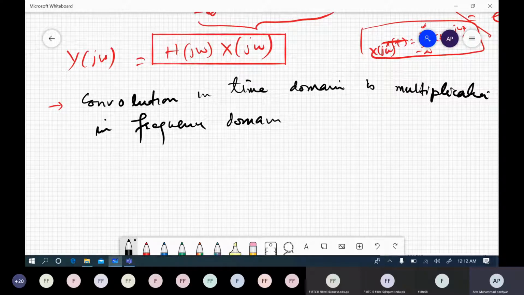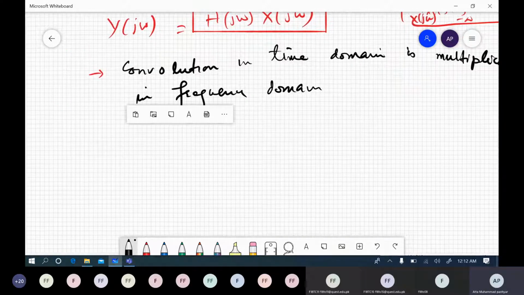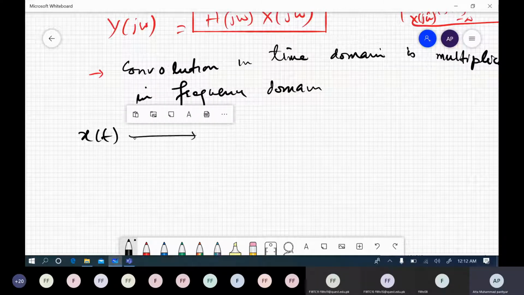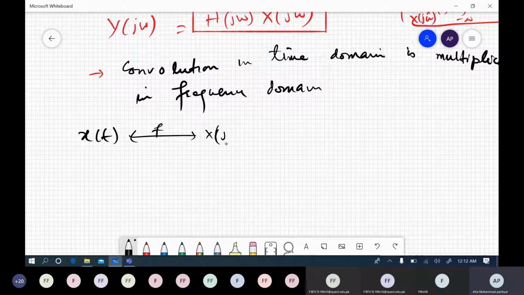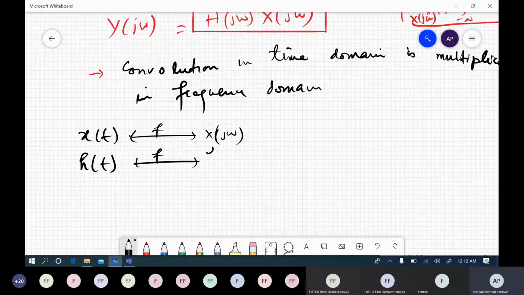So earlier we left few properties. So how can we say that if we have x of t, and its Fourier transform is x of j omega, and if we have h of t, its Fourier transform is h of j omega, right?